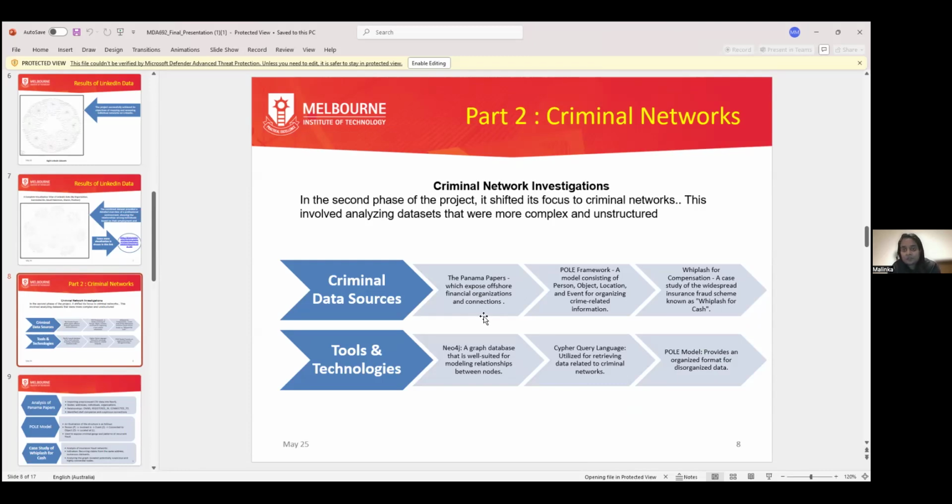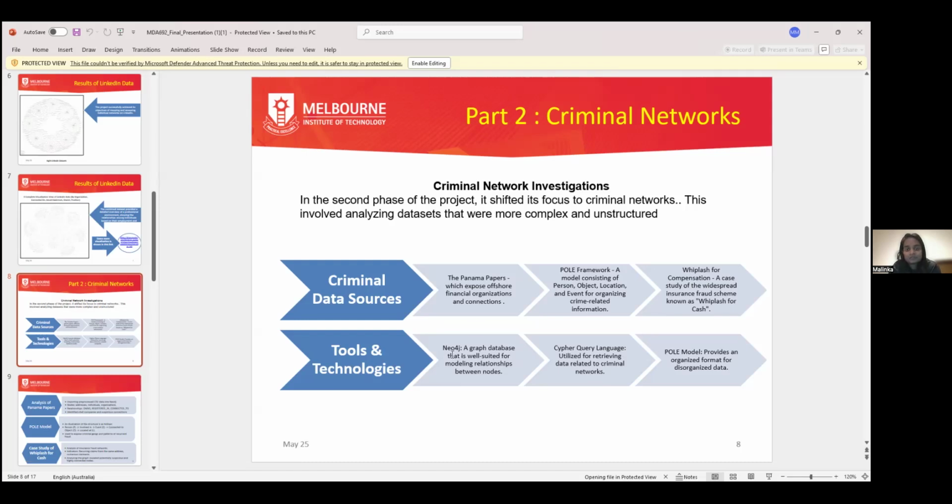The next one is the POLE framework, which stands for person, object, location, and event, for organizing crime-related information. The next source is Whiplash for Cash, a case study of the widespread insurance fraud scheme known as whiplash for cash.